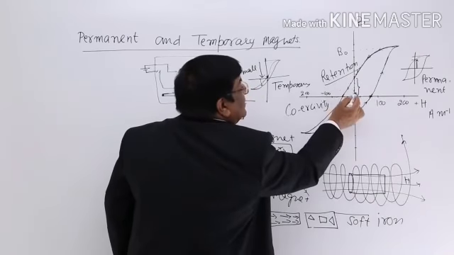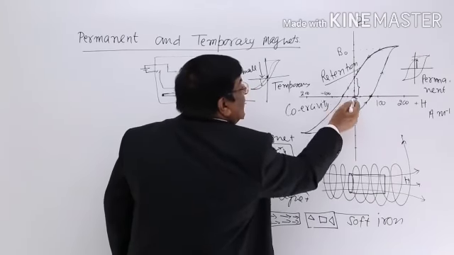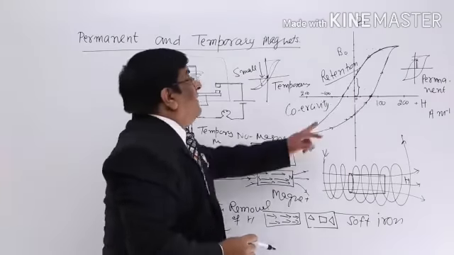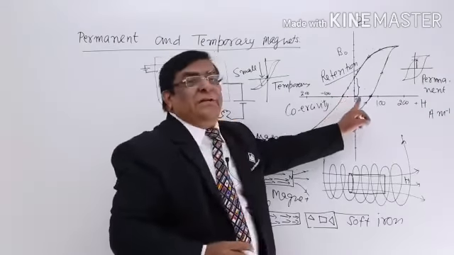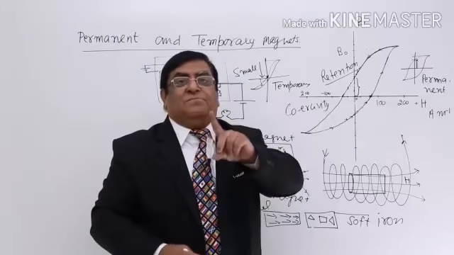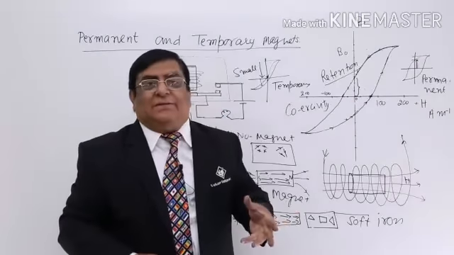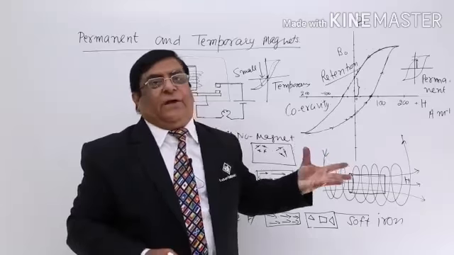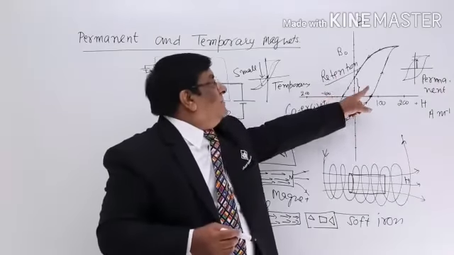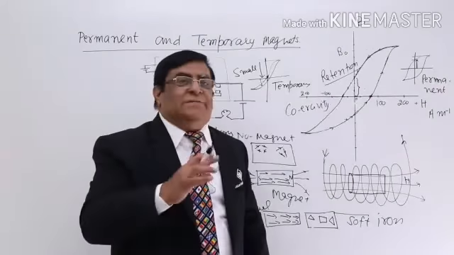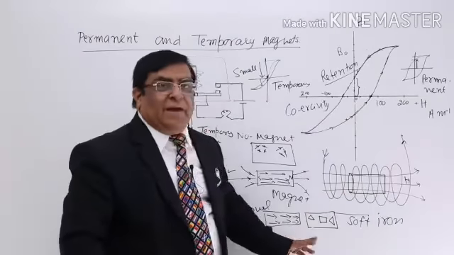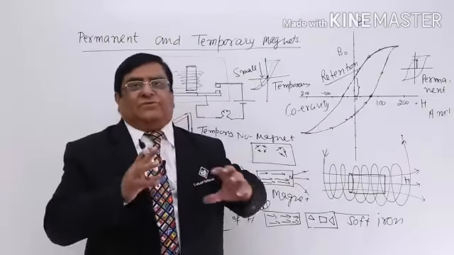So retention will be less, coercion will be less, and losses will be less. When retention is less and coercion is less, we call it a temporary magnet. In which magnet are the losses less? In temporary or soft iron magnets, the hysteresis losses are always less. So that is the temporary magnet, and this is the permanent magnet. These are the comparative study of the two.